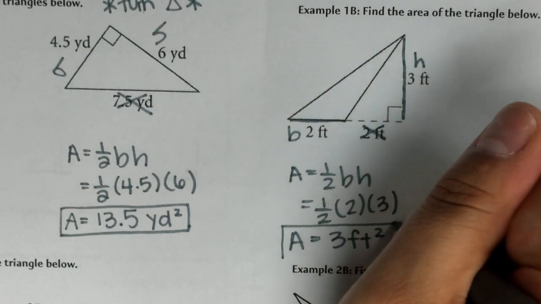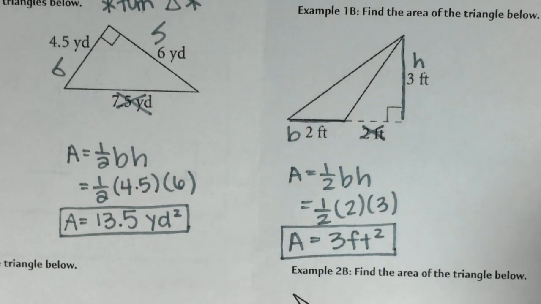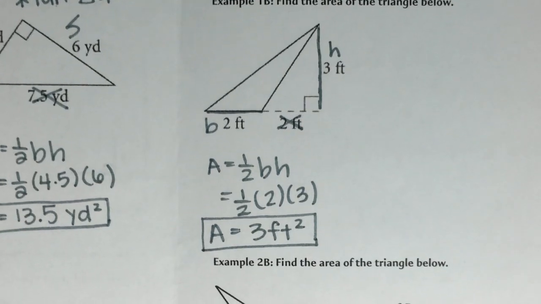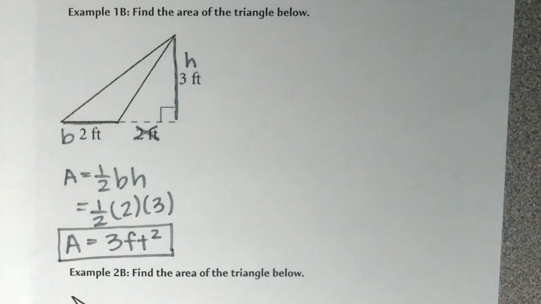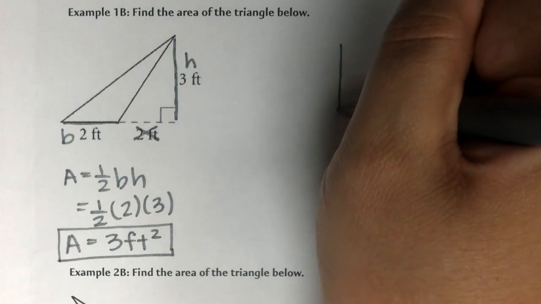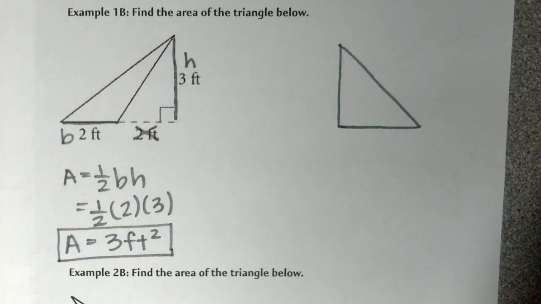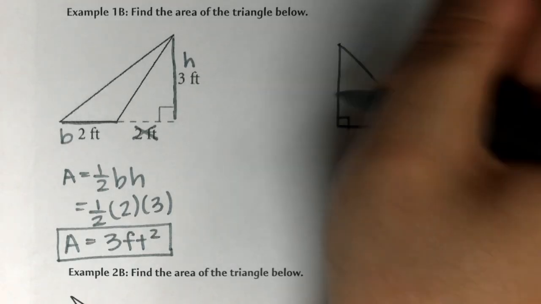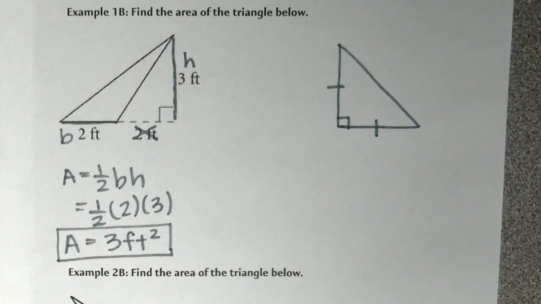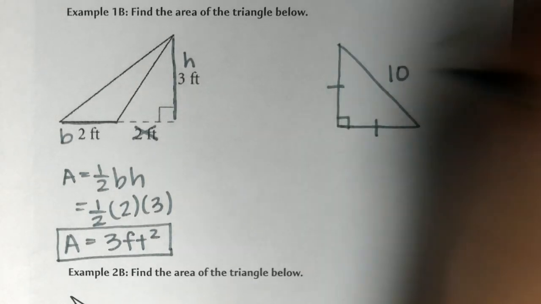I'm actually going to add a problem to this. So over here, we have this big space. I want you to draw a right triangle. Draw some tick marks and make that a 10.